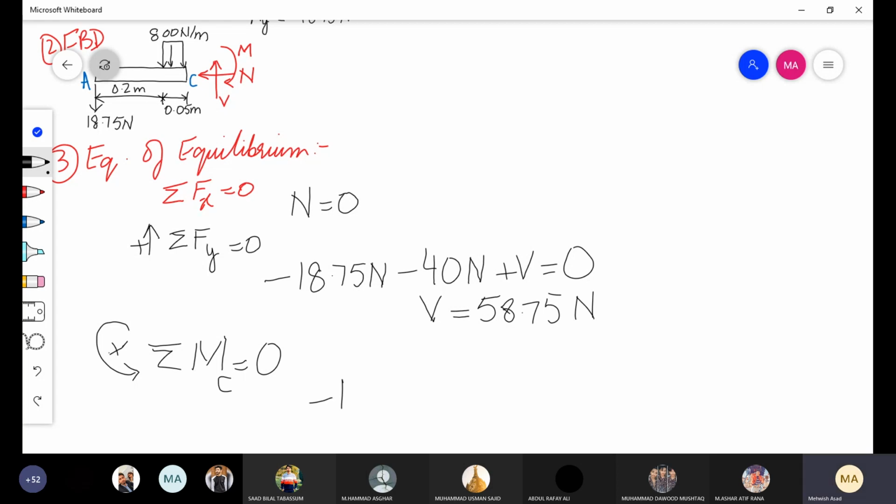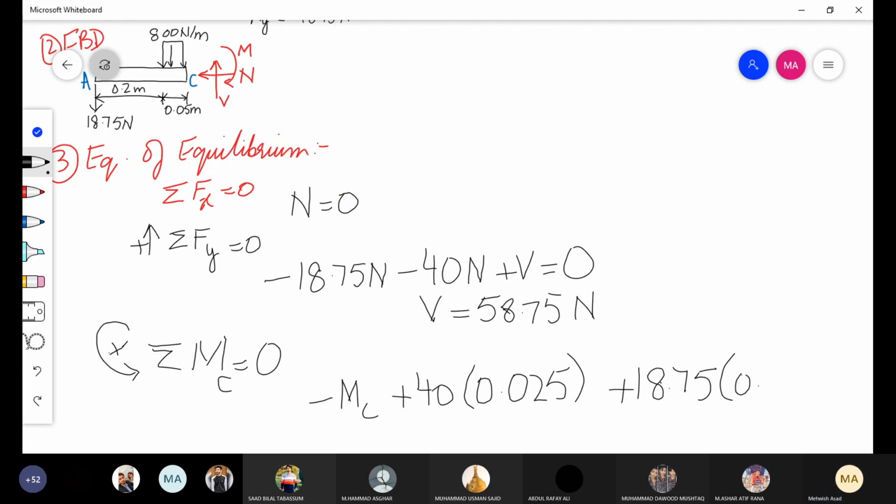So negative MC, that is the assumed moment, plus 40, that is 800 multiplied by 0.05, multiplied with 0.025, that is the centroidal distance of load with respect to C, plus 18.75 multiplied with 0.2 plus 0.05, this is 0.25, and its net effect will be 0.